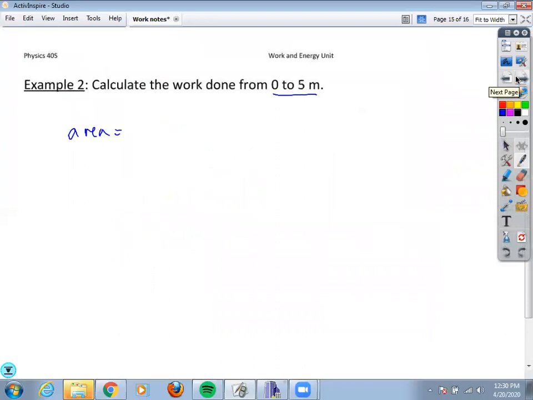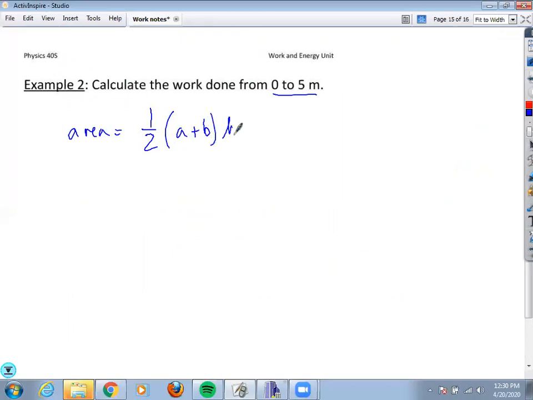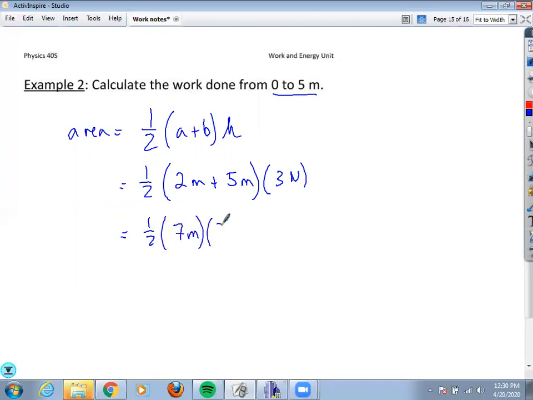So the area would be 1/2 A plus B times height. So 1/2 A, which is 2 meters, plus B, which is 5 meters, times the height, which is 3 newtons. So that's 1/2 times 7 meters times 3 newtons.